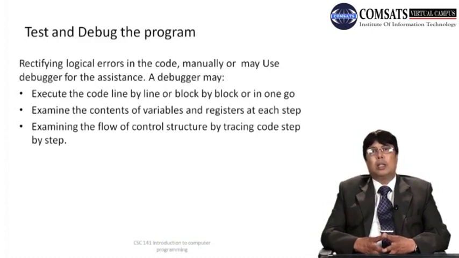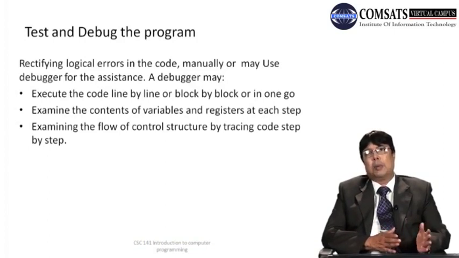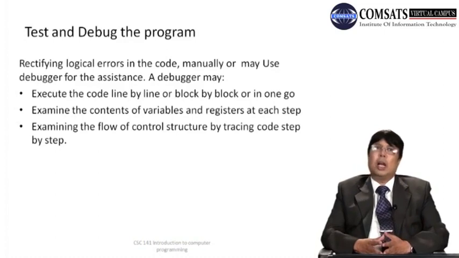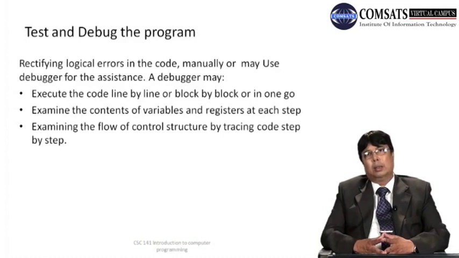Not only the contents, but you can also determine the flow of the program. I just talked about control structures, which determine which path you have to follow. Suppose you are assuming that your program will follow path A, but somehow, due to some error, the program might flow through path B. This type of logical error can also be picked up with the help of the debugger.